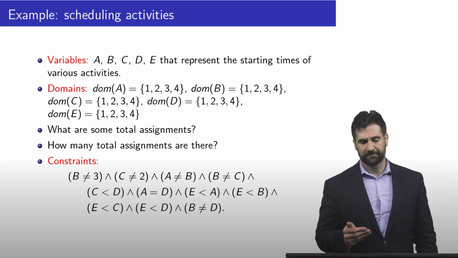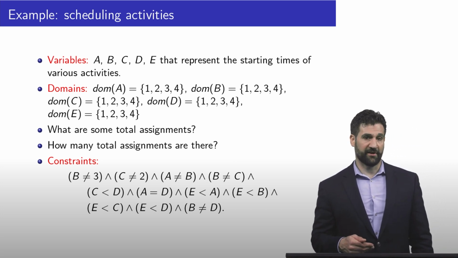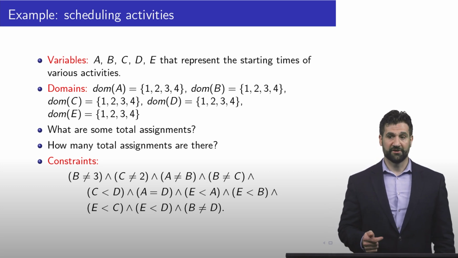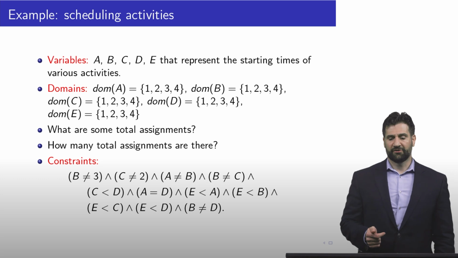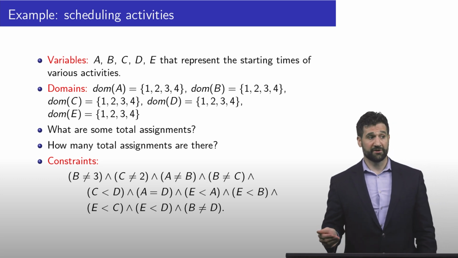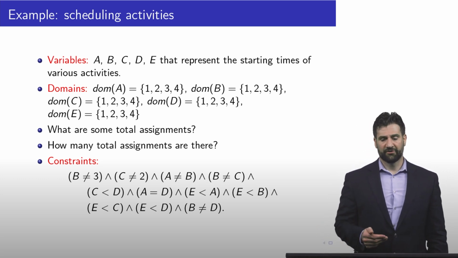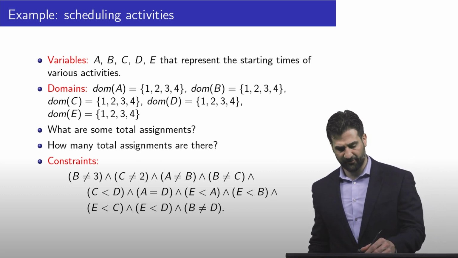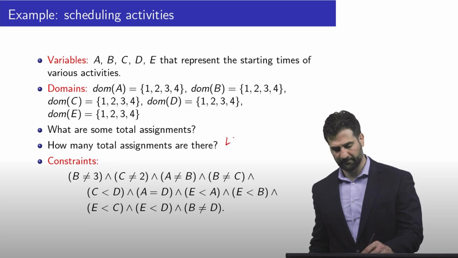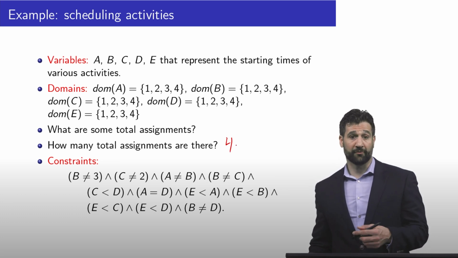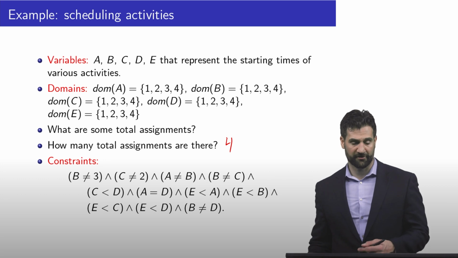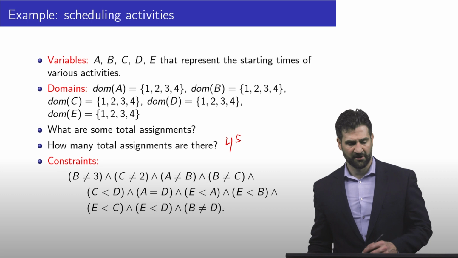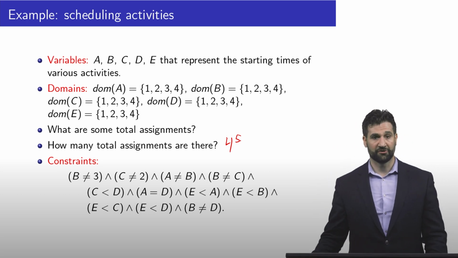So how many total assignments are there? Well, we have 4 values for A, times 4 values for B, times 4 for C, times 4 for D, and so on. And since there are 5 variables, this is going to be 4 to the 5th total assignments.